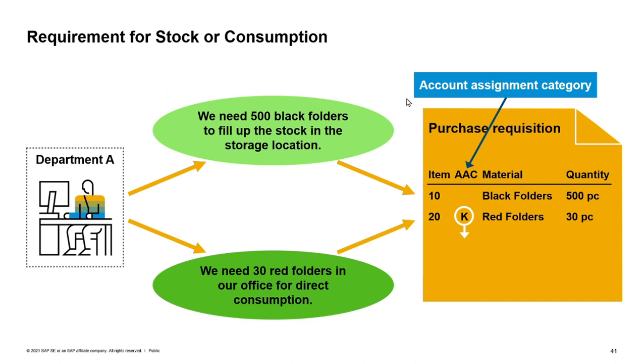Because it was not regular material like a laptop or phone, it was for my own consumption, we had to decide what cost center we were going to use. That's why in account assignment category we have this information, like K is cost center, and then I provided exactly the cost center.